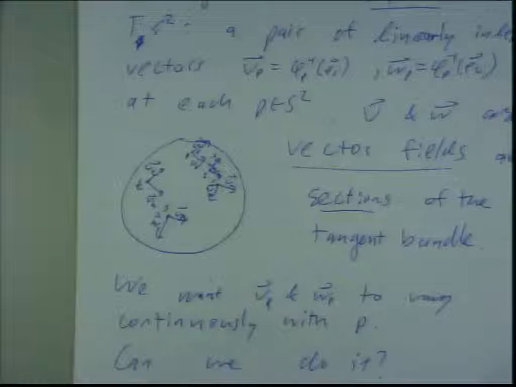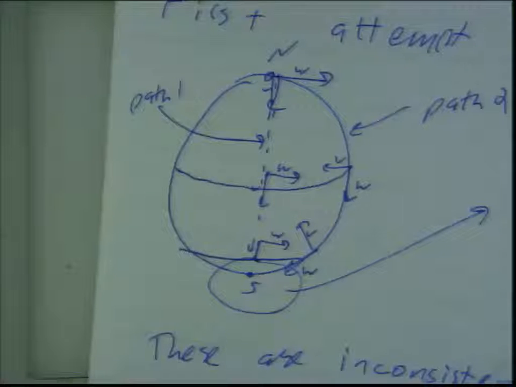Can you find a frame that varies continuously on the sphere? So let's try and do it. Let's make a naive attempt. One thing we could imagine doing is identify some particular point's tangent space with R2, which means that at that tangent space we have two vectors. And let's just draw what would happen if you move the vectors around.